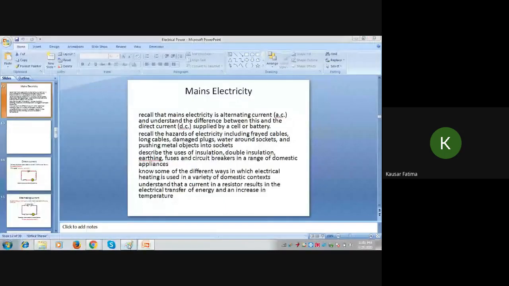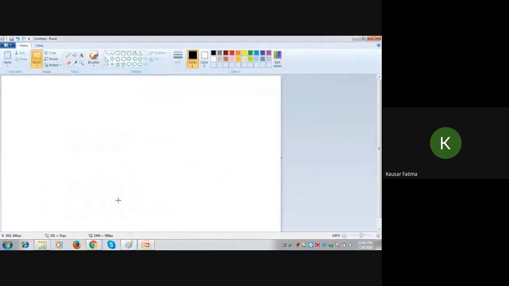Let us have a look at this. Here we will talk about electrical power, power in kilowatt, power and energy.